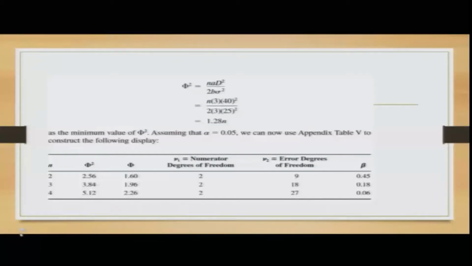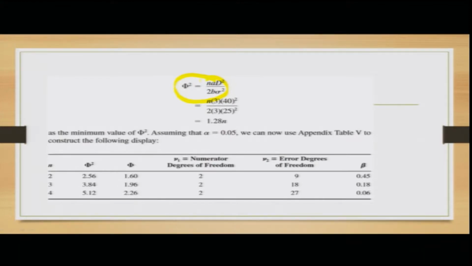In the formula I will highlight, the value was n b d square divided by 2 a sigma square.